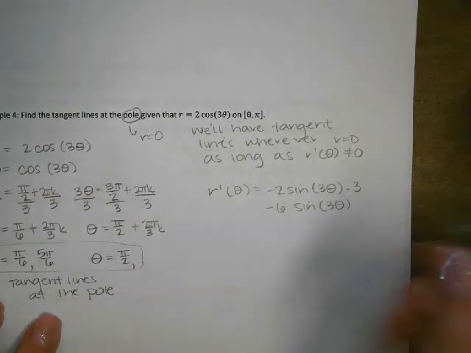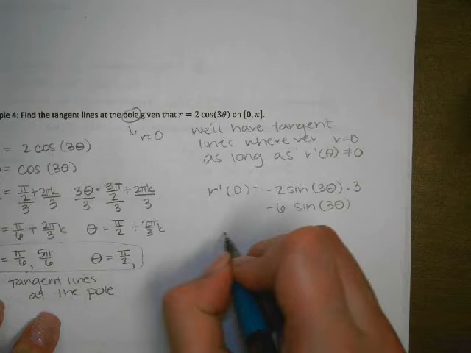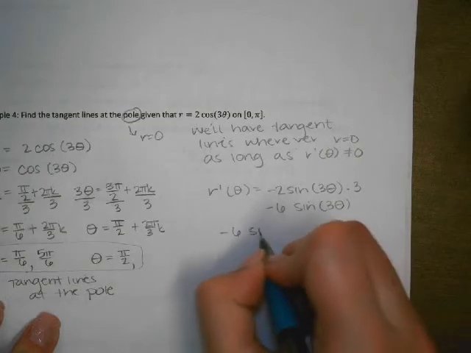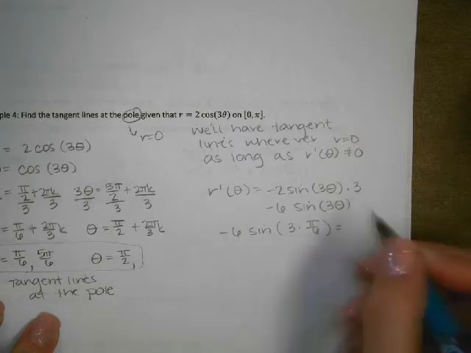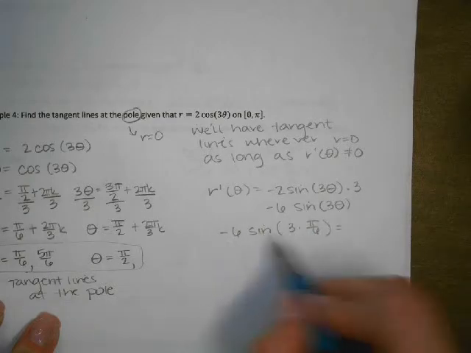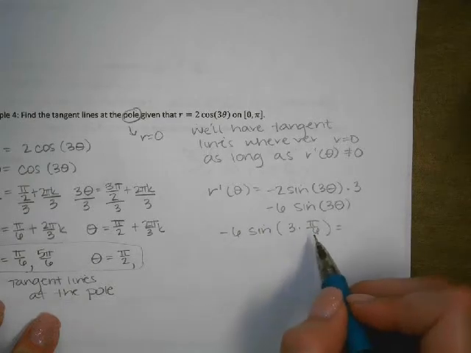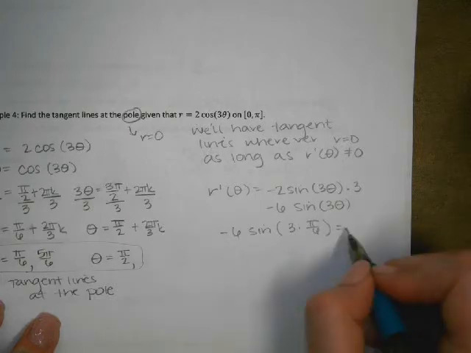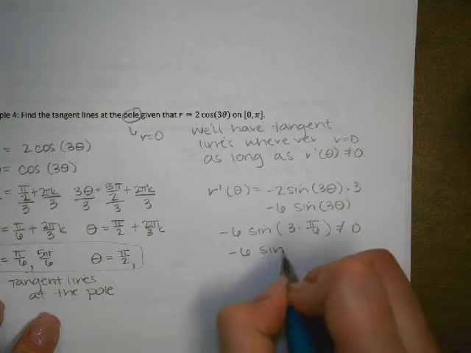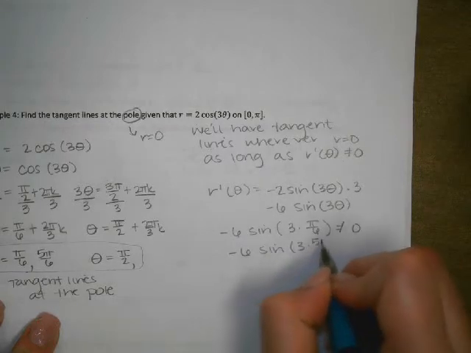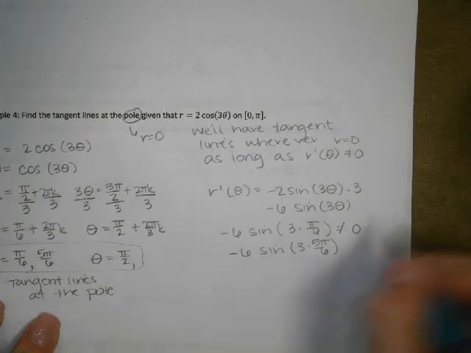Okay, so now we're going to check each of the points. So we have negative 6 sine of 3 times pi over 6. So that's negative 6 sine of pi halves, and sine of pi halves is 1. So that doesn't equal 0, that equals negative 6. Negative 6 sine of 3 times 5 pi over 6.